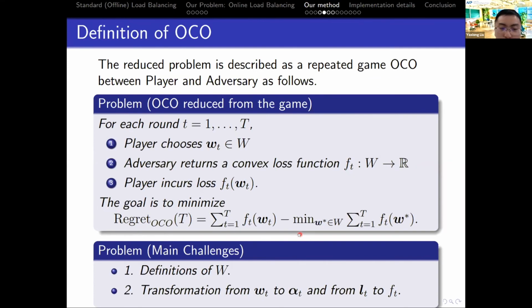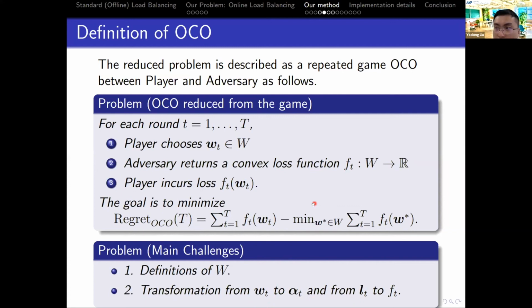But there are still two challenges. The first, we need to define what kind of feasible set the player chooses W_t from, W, and what kind of transformation there is from W_t to alpha_t, and from the load information to the convex function.